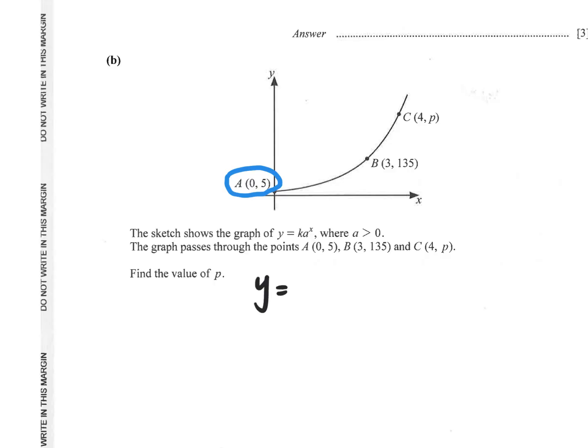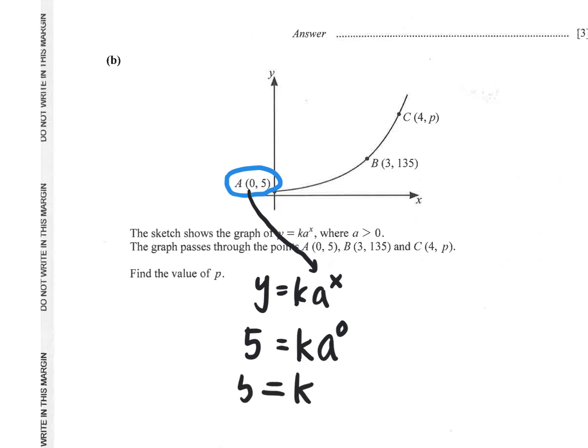So y is equal to k a to the power x. I always choose the one with the 0, so that it's easier to sub. Y is 5, x is 0. Anything to the power of 0 is 1. So k is 5. I've solved for 1 already. So don't be scared. Just do first. Then you see sometimes actually it's not so bad.